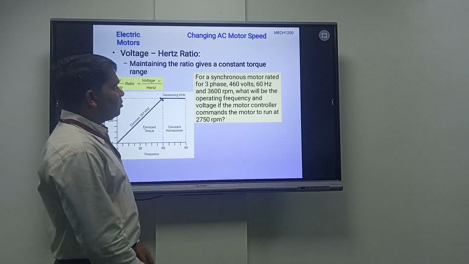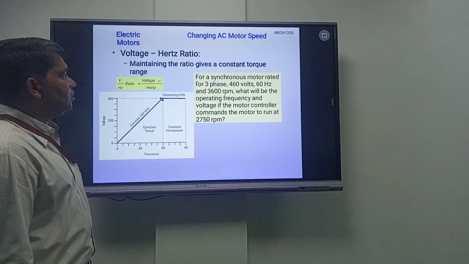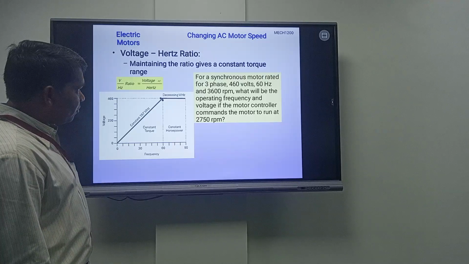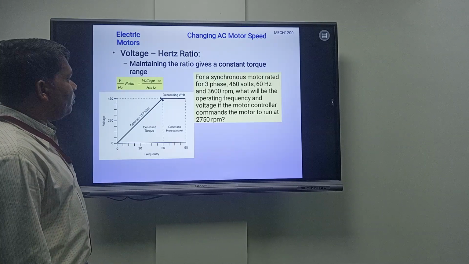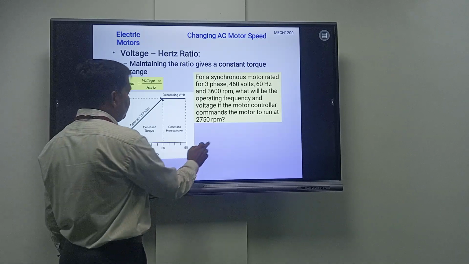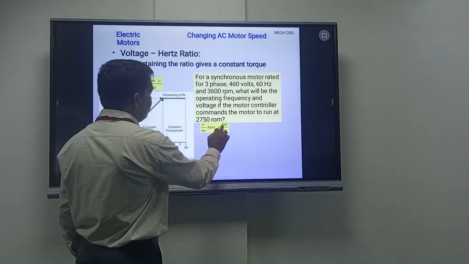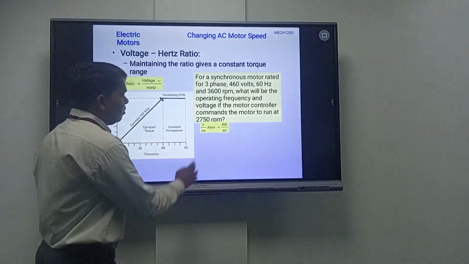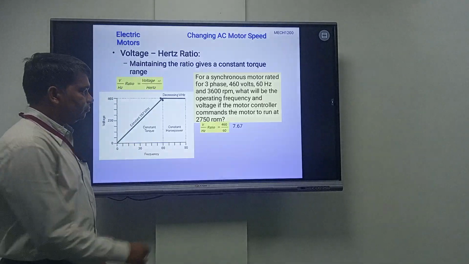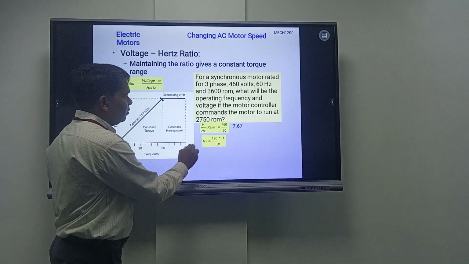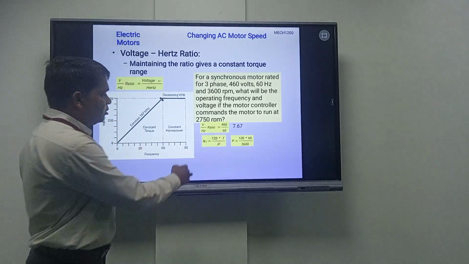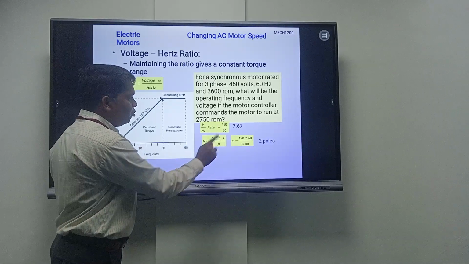For a synchronous motor rated for 3-phase 460 volt 60 Hz at this RPM, what will be the operating frequency and the voltage if the motor controller commands the motor to run at 750 RPM? So the voltage ratio you should calculate like this. How much is it? 7.67. The corresponding synchronous speed will be like this, for a 2-pole machine.